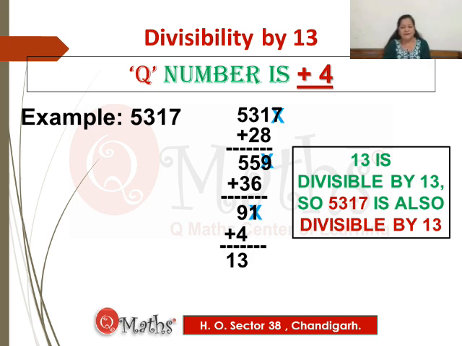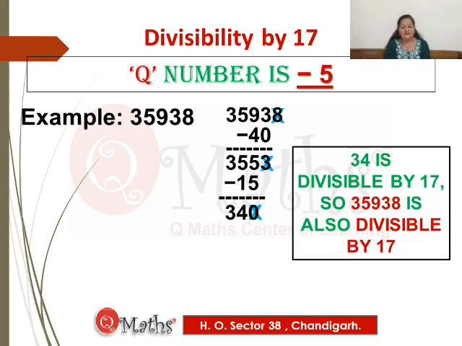Now take another example. Divisibility by 17. The Q number for 17 is minus 5. For example, 35,938. We take the example of this. 8 into minus 5 is equal to minus 40. So 3593 minus 40 is 3,553.